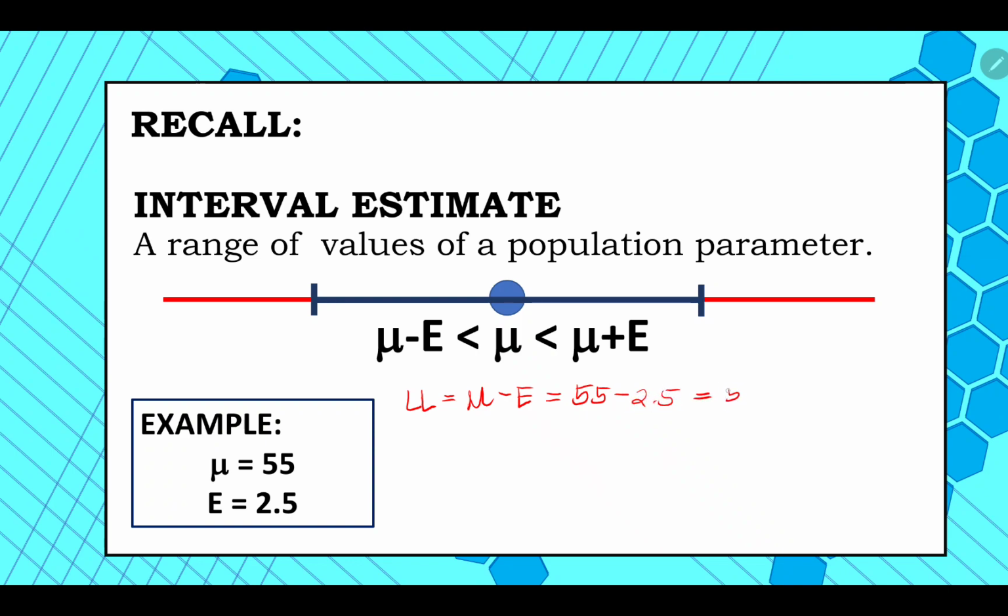That results to 52.5. For the upper limit, we have mean plus error, which is 55 plus 2.5, meaning 57.5. So our interval will be from 52.5 up to 57.5.